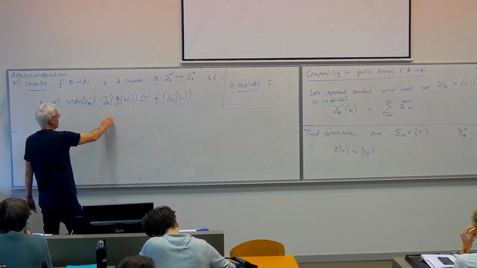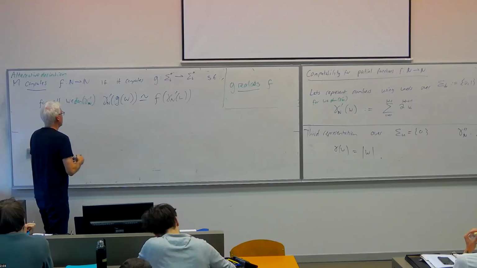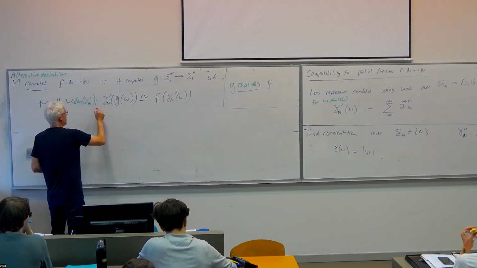So again, for G to be computing the function f, we require the same condition as before, but there's a second condition we need to impose that was automatic last time.